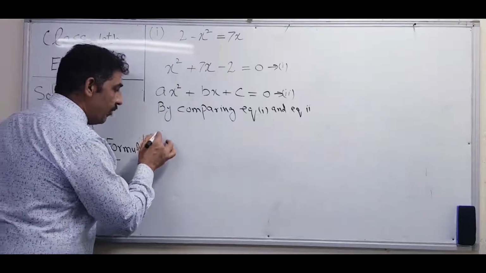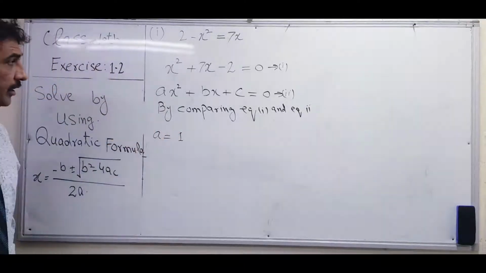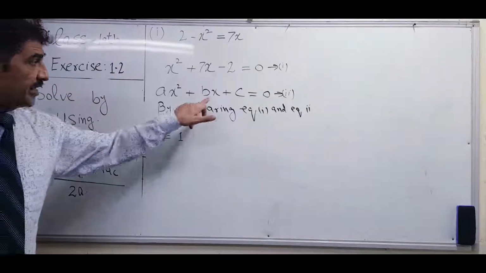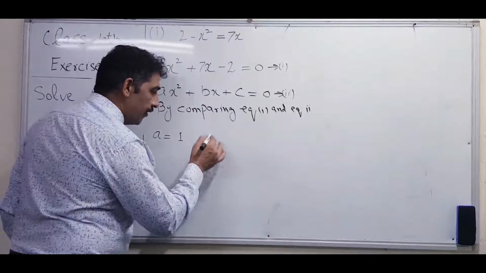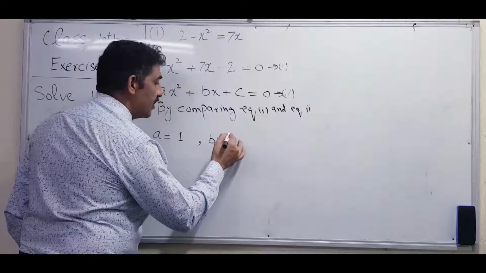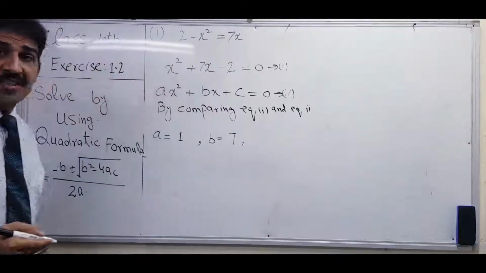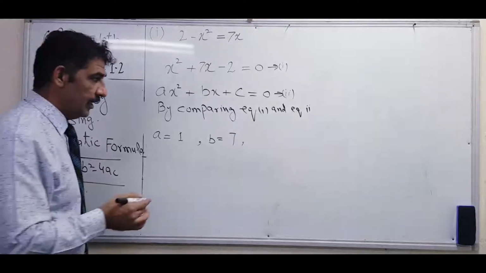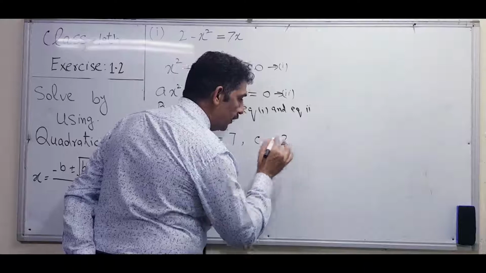So the value of a is equal to 1. Right? Coefficient of x, the value is the b. So what is the value of b? The value of b is equal to 7. Good. Then c, constant. What is the value of c? Yes, the value of c is equal to 2.